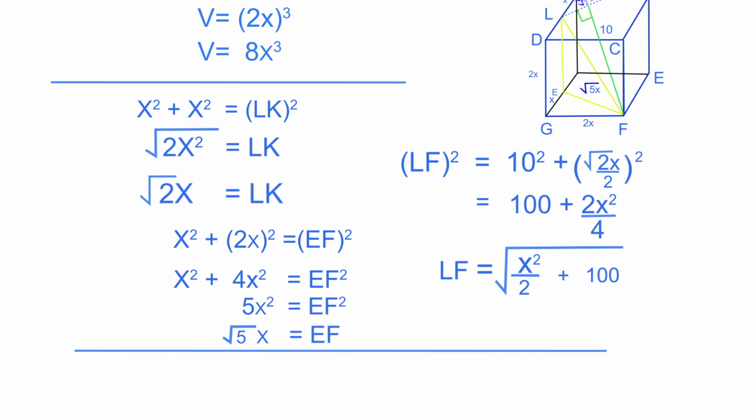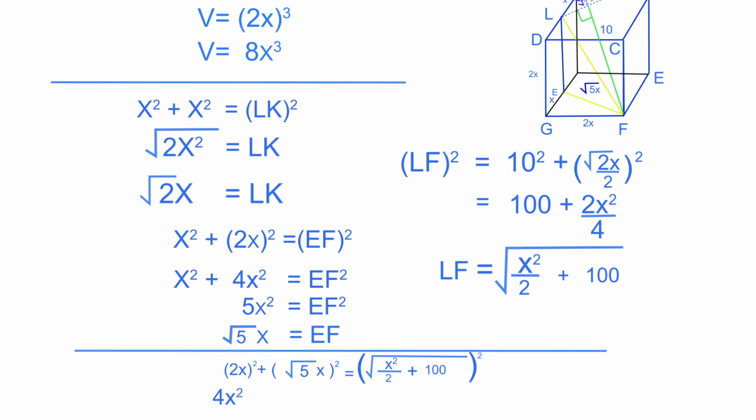L to E is basically just the same as the side of the cube, so that's (2x) all squared. E to F is root 5 x, all squared. And then L to F, we figured that out right here, is the square root of x squared over 2 plus 100, all squared.